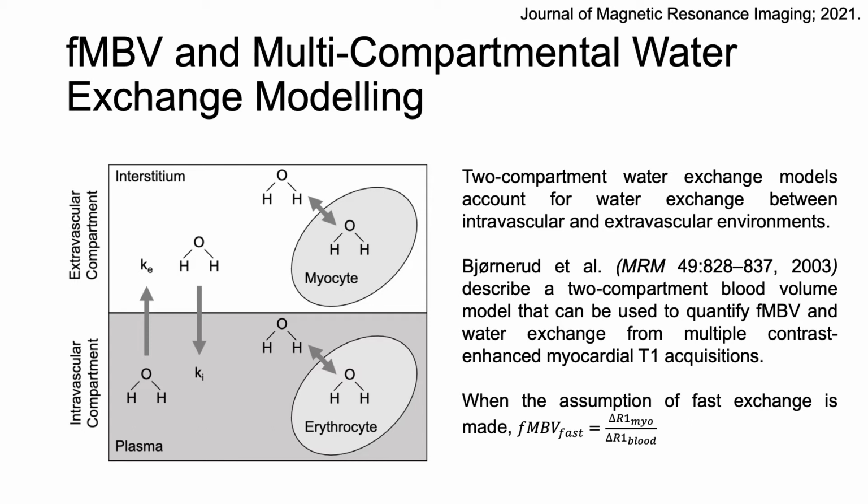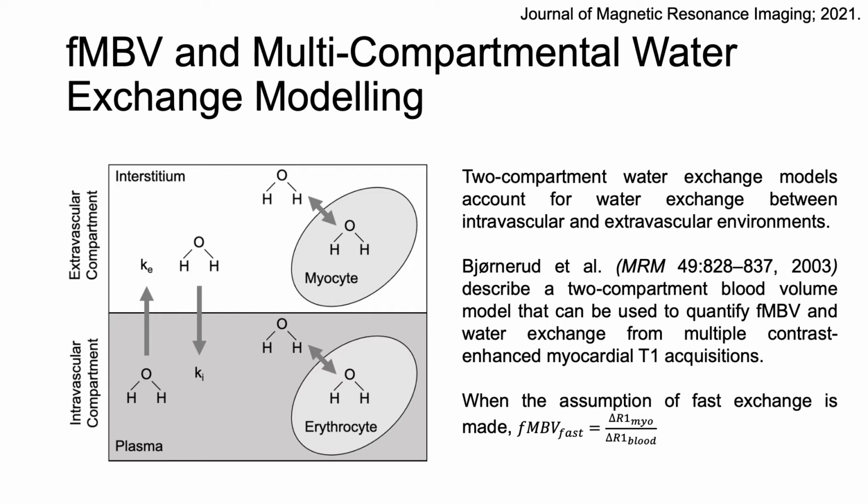Prior works have described in detail a model of the MR signal of this two-compartment voxel based on its fractional blood volume, water exchange rate, and other physiological parameters. When myocardial T1 maps are acquired over a range of doses of the contrast agent ferumoxytol, we can solve for the fractional blood volume and water exchange rate of the voxel using the two-compartment model.